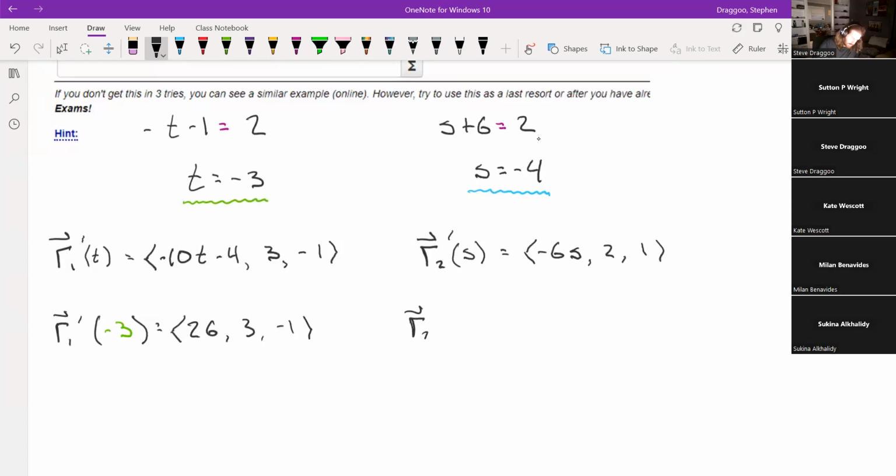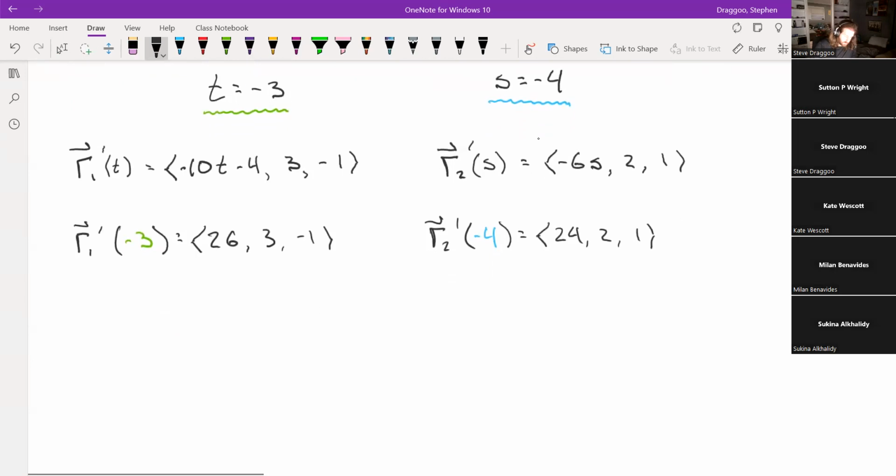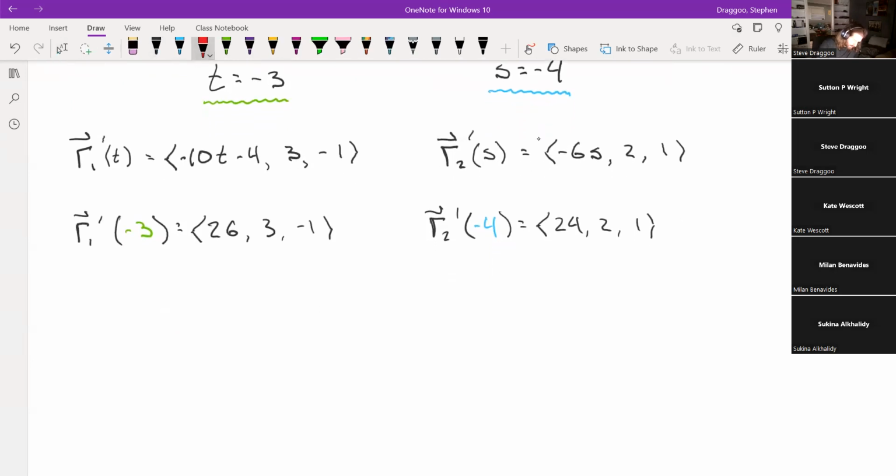And I need r2 prime of negative 4, which looks like positive 24, 2, 1. And now that I've got those two vectors, I'll go get their cross product.